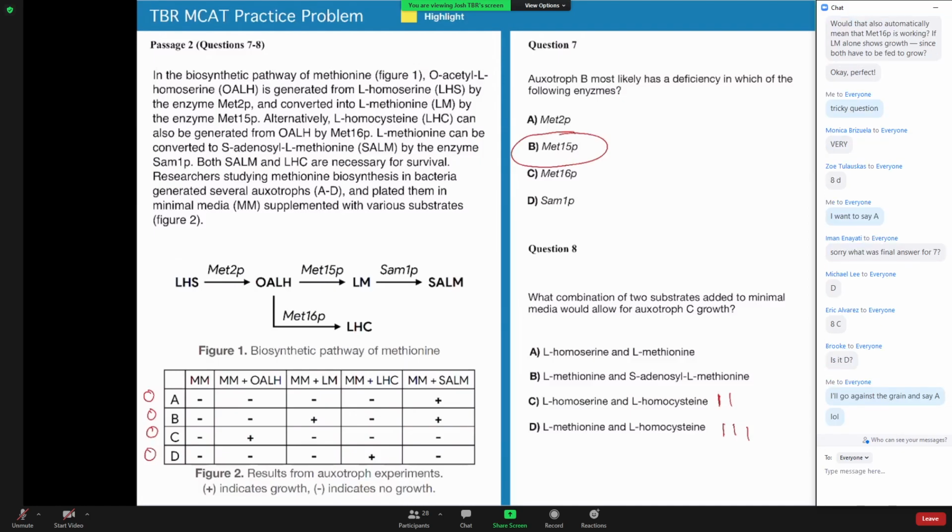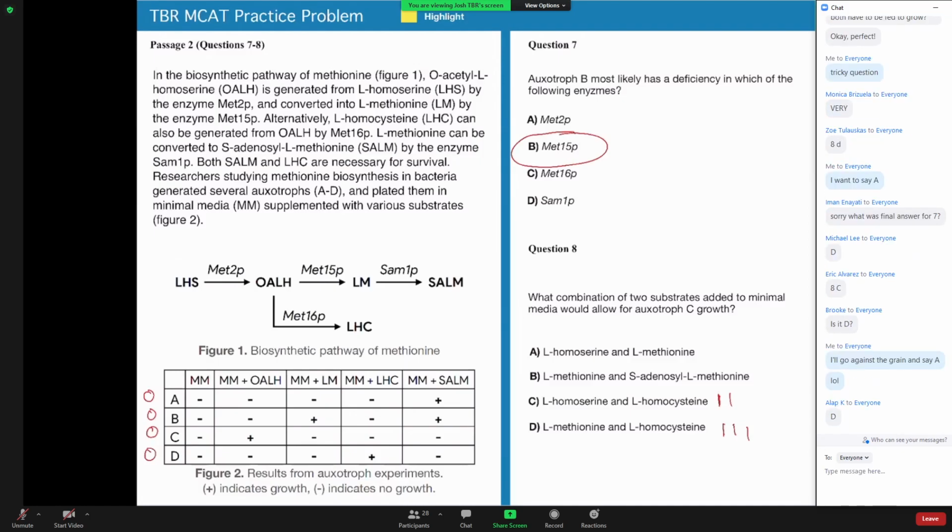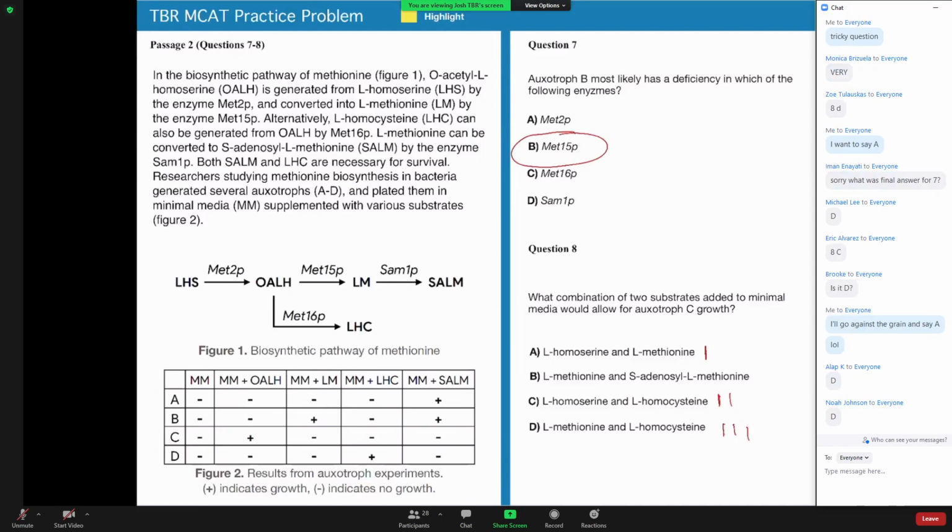So let's go through this, right? We got an A. Yeah, so this is the same type of question. Let's read this. What combination of two substrates added to minimal media would allow auxotroph C to grow? Okay, so now we're looking at C.